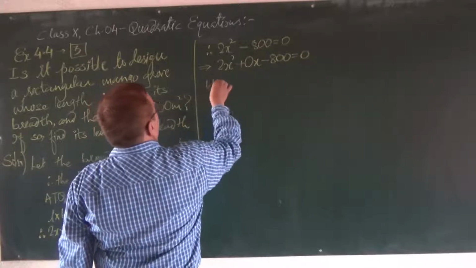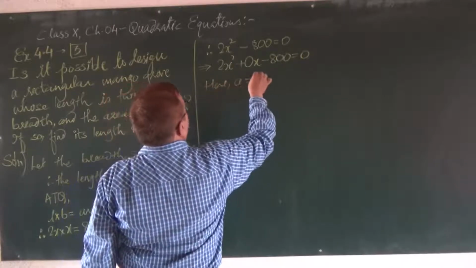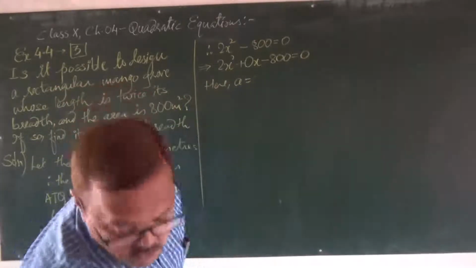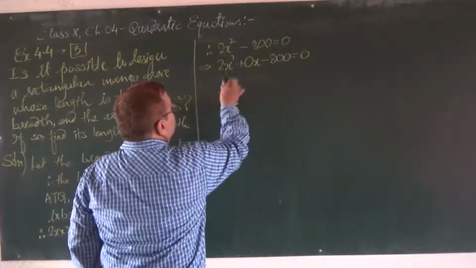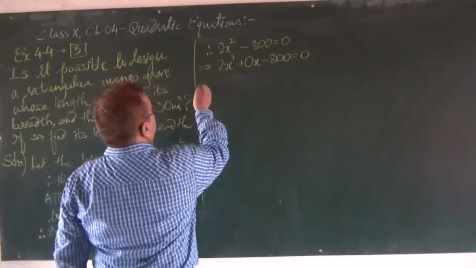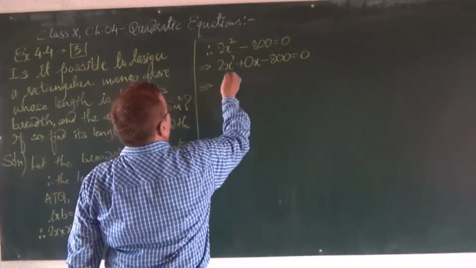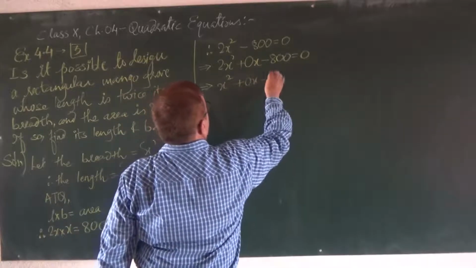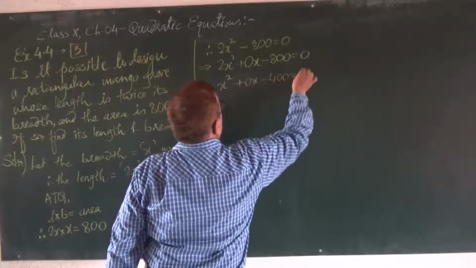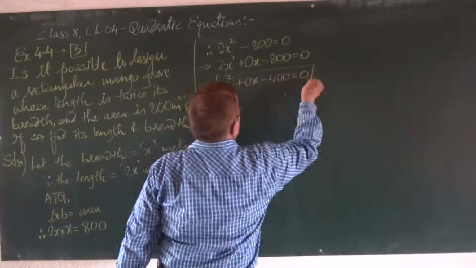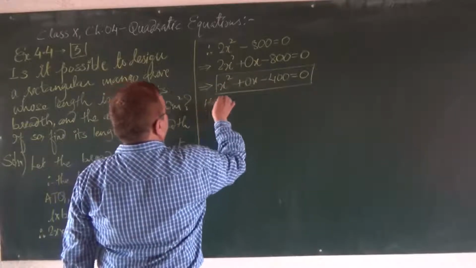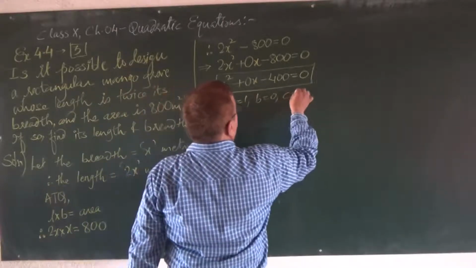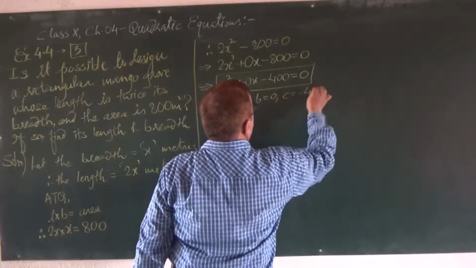So here, what is the value of a? Or you can further divide this. Okay, sorry for this. We can divide it. On dividing by 2, we are going to get x square plus 0x minus 400 is equal to 0. Okay, so here a is 1, b is 0 and c is minus 400.